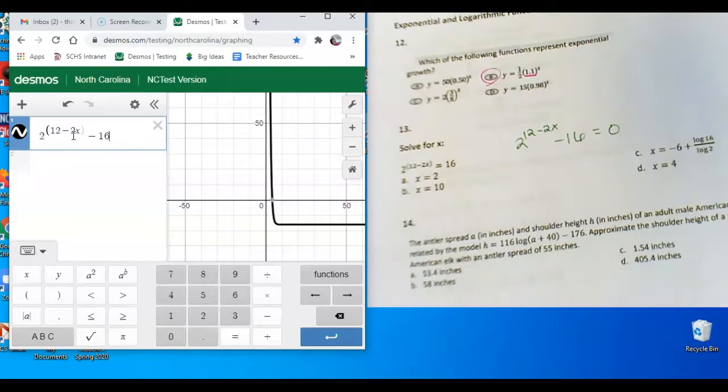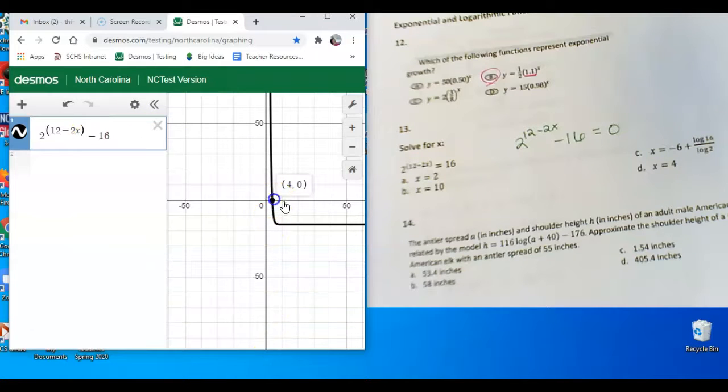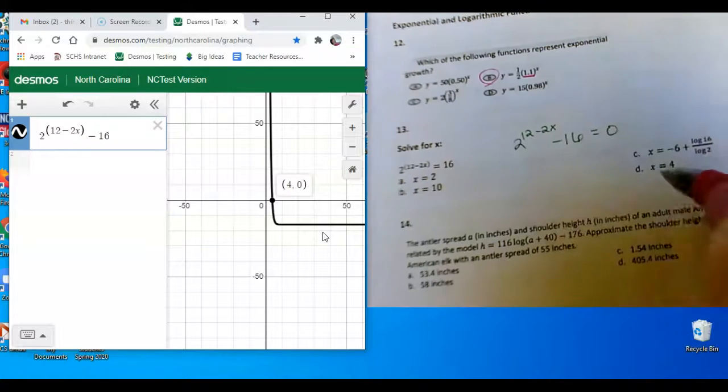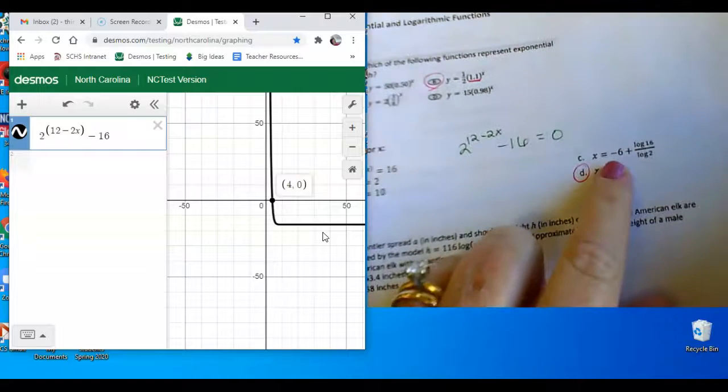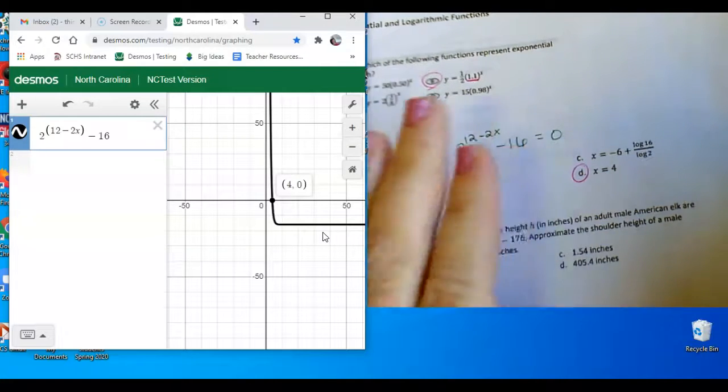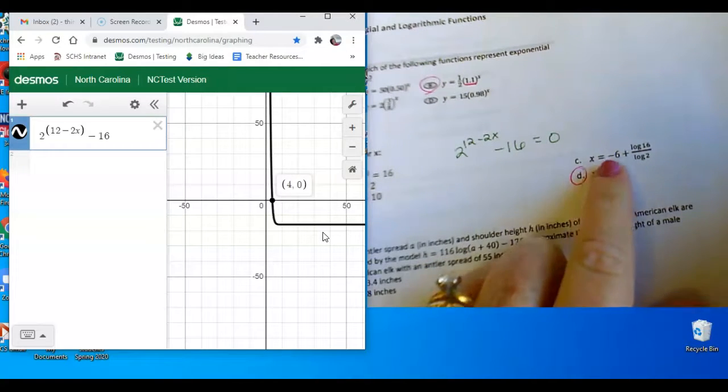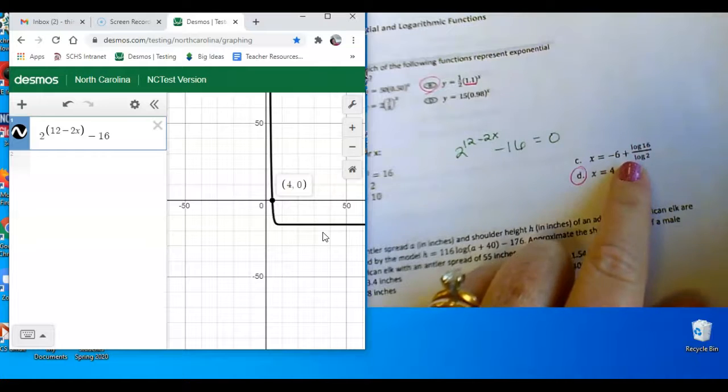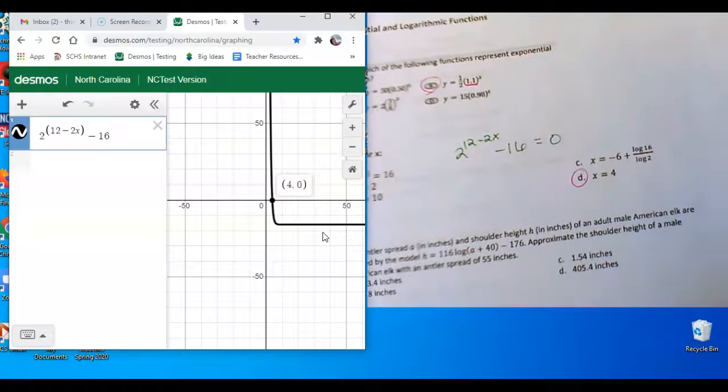And when it's equals, we know on Desmos it's not going to work exactly with our testing version, so you do need to put that minus in there. Looks like 4 is where it crosses the x-axis, so 4 would be our answer. I do want to caution you to look at C. If your answer did not show up here, you could just put that in Desmos to see what the choice is to match it up.